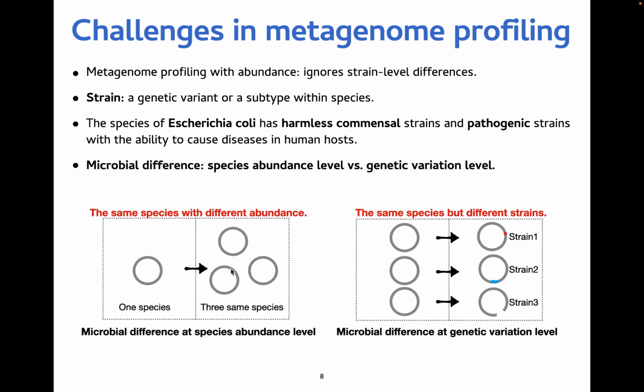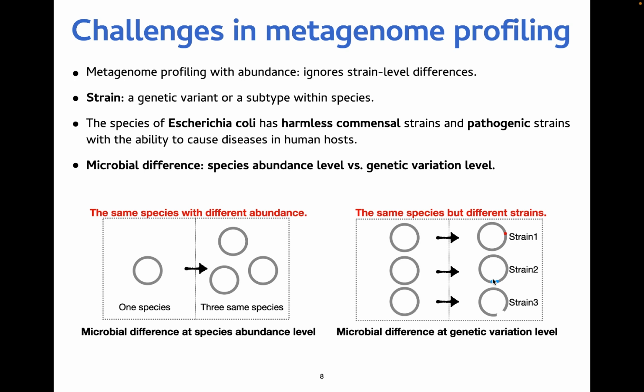You can see in this figure, a circle means a species. In the left, the number of these species is 1, but in the right, the number of these species is 3. This is the microbial difference at the species abundance level. However, in this figure, the species abundance in the right is the same as the species in the left, but in the right, the species has some changes and generates 3 different strains.